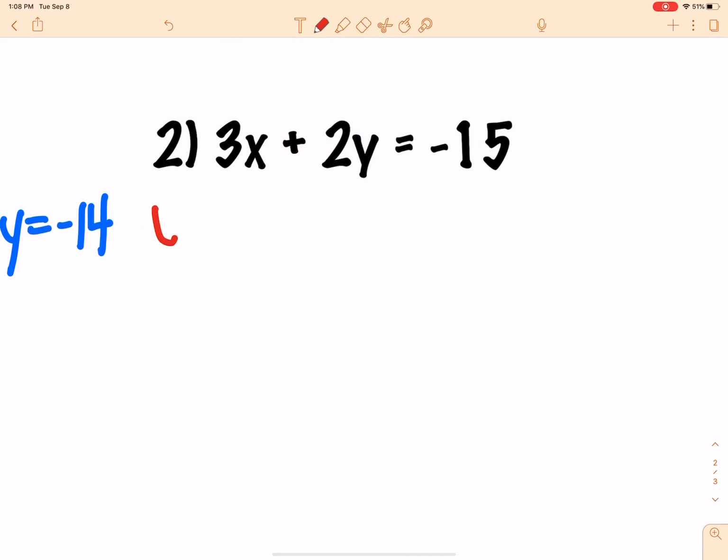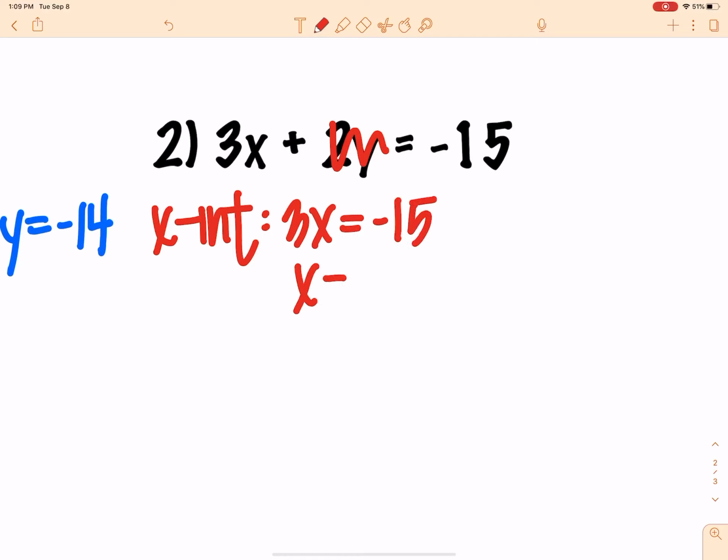So let's do the x-intercept first, meaning I'm going to cancel out y, so then I'm left with 3x equals negative 15. So x equals negative 5. So my x-intercept is negative 5, comma 0.